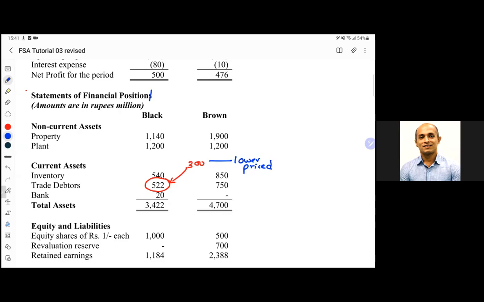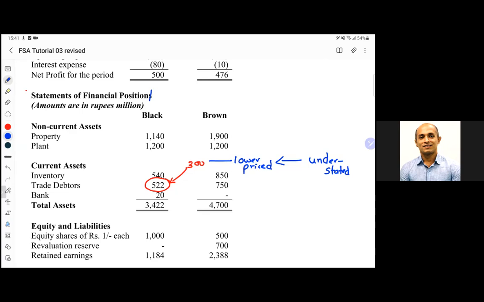Therefore, debtors have been understated. So this impacts your analysis. For example, when the debtors are understated, what happens?